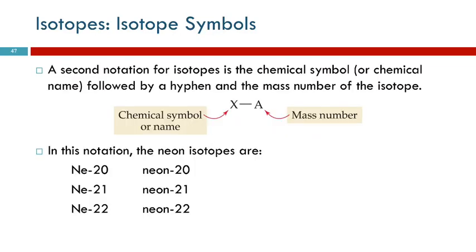So we can use that nuclear symbol, or we can do it this way. And this gets to your point of why even have the atomic number on there. We can call it Ne-20 or neon 20, where we're just specifying the mass number, because we don't need to specify the atomic number. We've got a periodic table. No decent chemist will be without a periodic table.